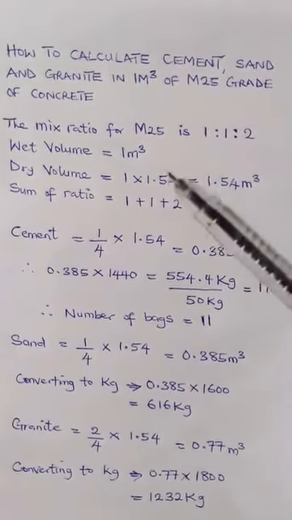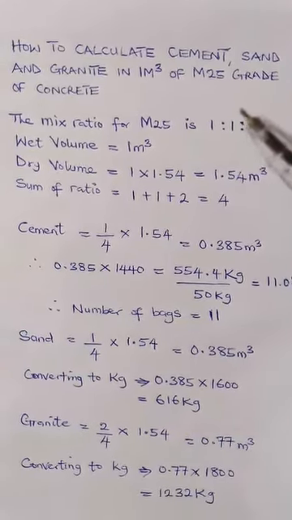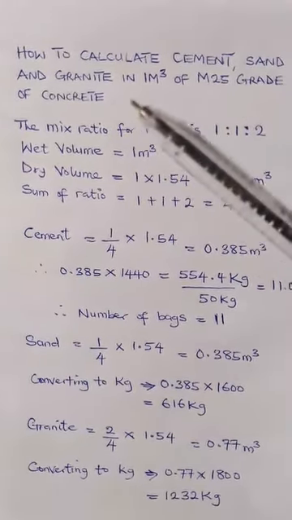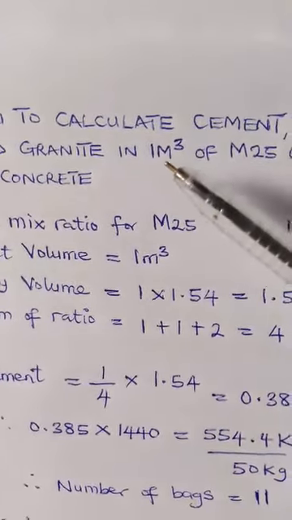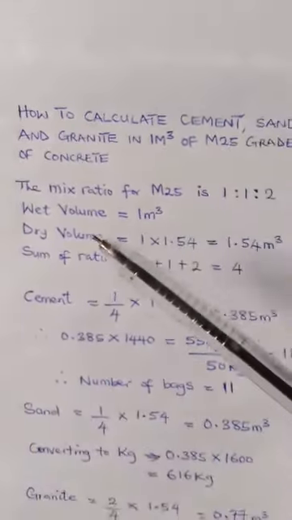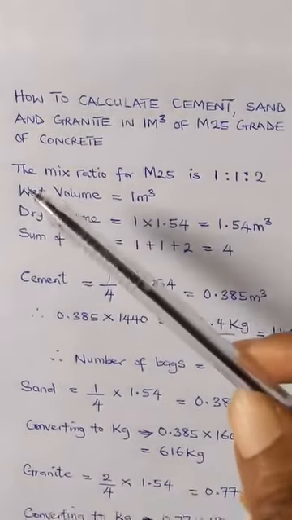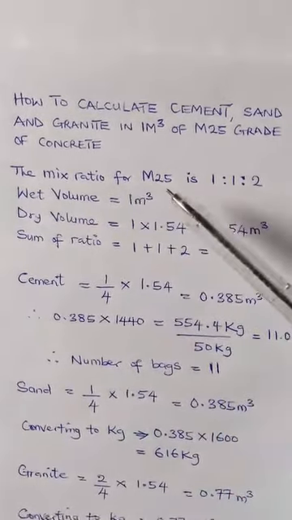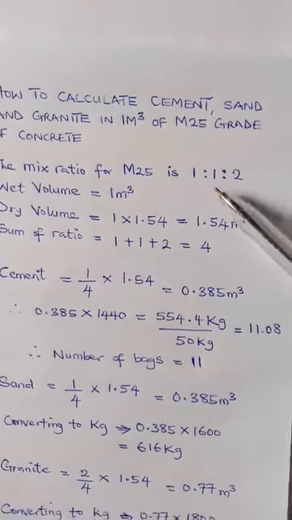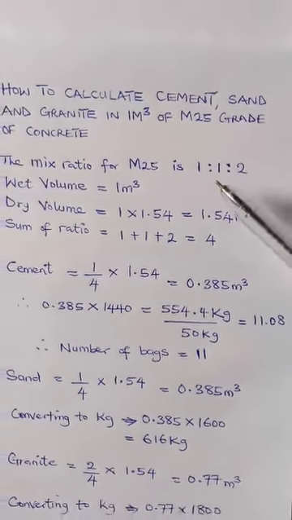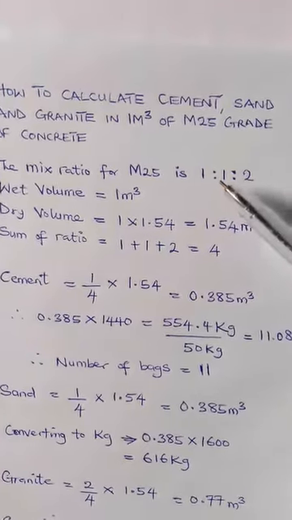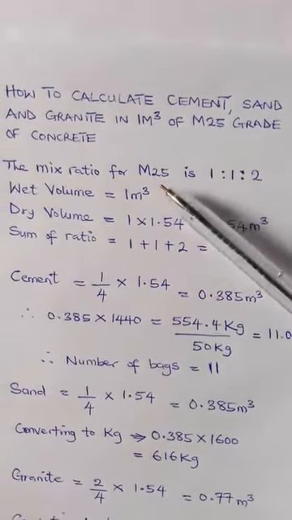To calculate the individual constituents of concrete based on 1 cubic meter, first and foremost, you must get the mix ratio. The mix ratio for M25 is 1:1:2.